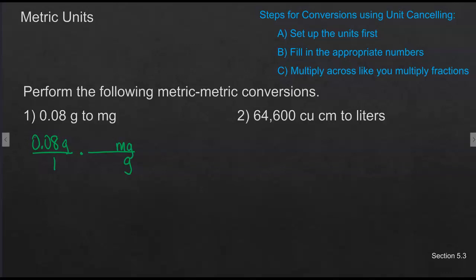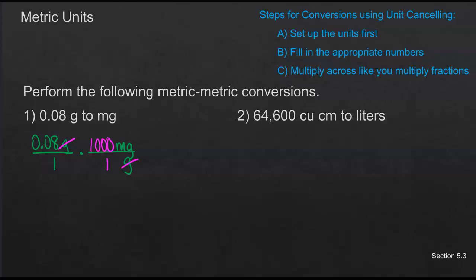Now, you can look this up on your chart and see there are 1,000 milligrams in 1 gram. So once again, the milli, that gives a really small measurements. You know, it means 1,000, and that can be helpful. We cross out the grams because, right, that's what we're trying to do. Cancel out one unit so that we get to our other unit.